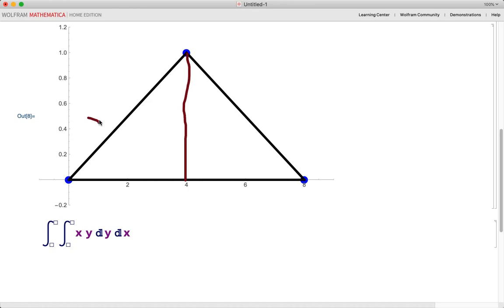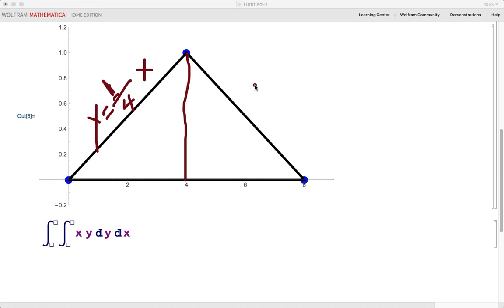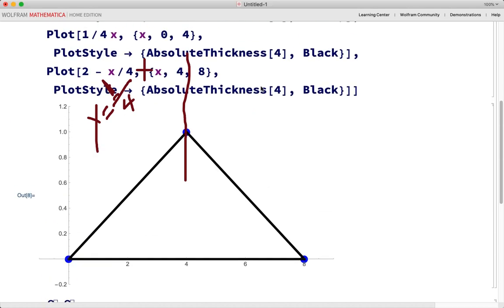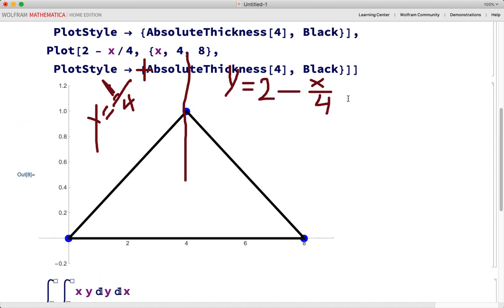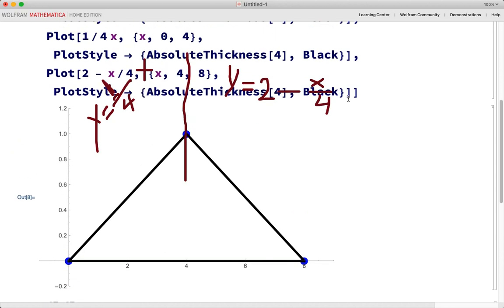So this was the line y is equal to 1/4 x, and this was the line y is equal to 2 minus x over 4. Let me just make sure we're okay there. Yes, 2 minus x over 4 and 1/4 x.